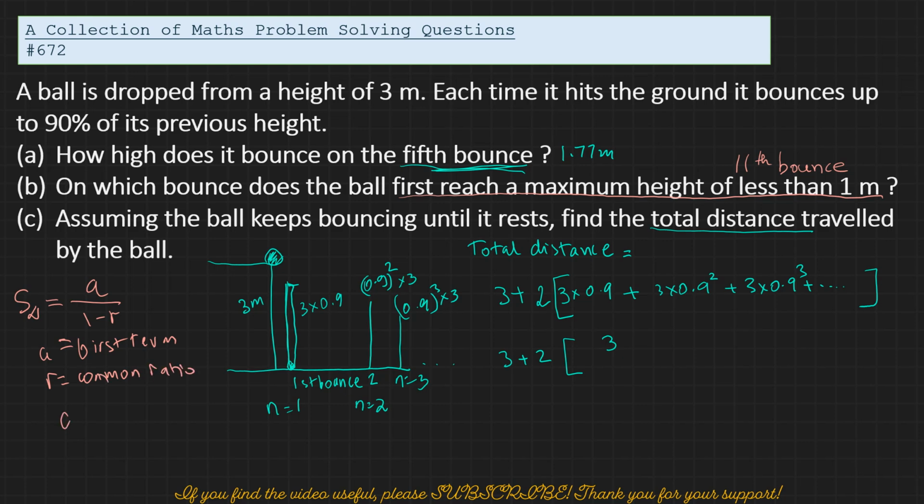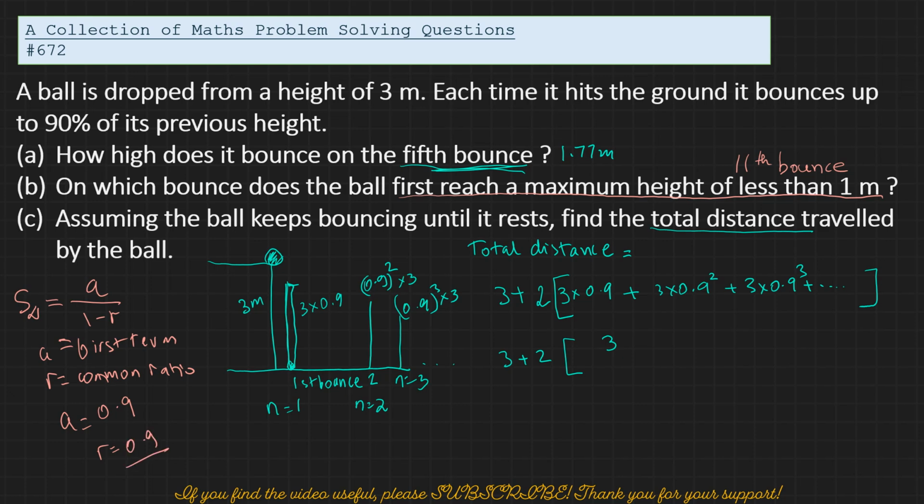So in this case, a is 3 times 0.9, or if we keep 3 outside the bracket, we can just say that a is 0.9. And we can say that r is also 0.9.